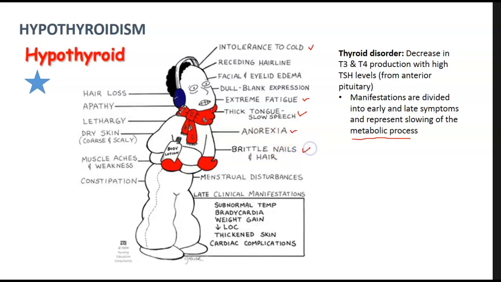Brittle nails and hair, changes in menstrual cycle, constipation, muscle weakness, lethargy, apathy, and hair loss. Late clinical manifestations: subnormal temp, so low temps, bradycardia, weight gain, LOC changes, thickened skin, and cardiac complications.